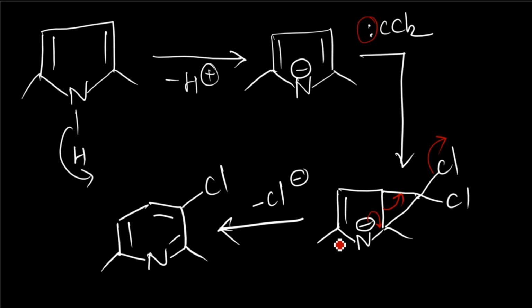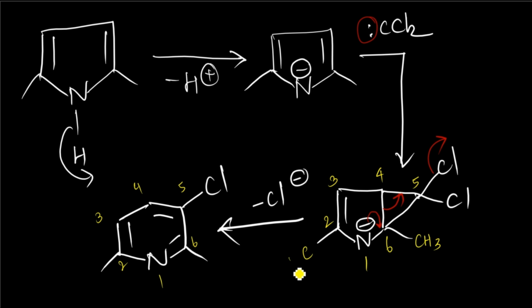So let me count the carbon and nitrogen in the ring. So from nitrogen, 1, 2, 3, 4, this bond got broken. So 5, 6. So a 6-membered ring. At the 6th position, I should have a methyl group, right?